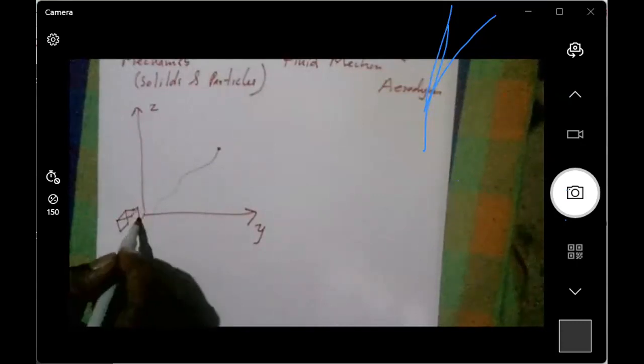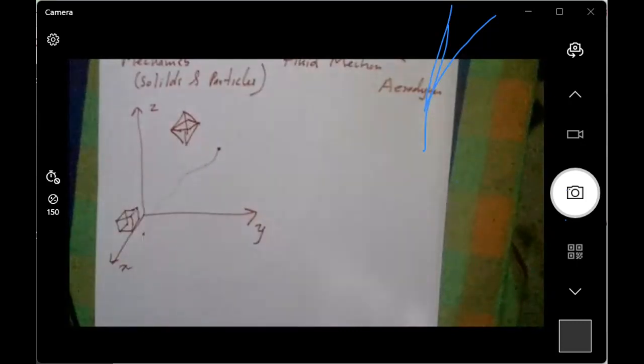So this is 3D motion, and the particle will start from here and come down to here. Now, if you take something like a cube, what will happen? The coordinates will change? No, the cube is there, not the coordinates. The cube can come to a point like this, but at the same time, it can do what?